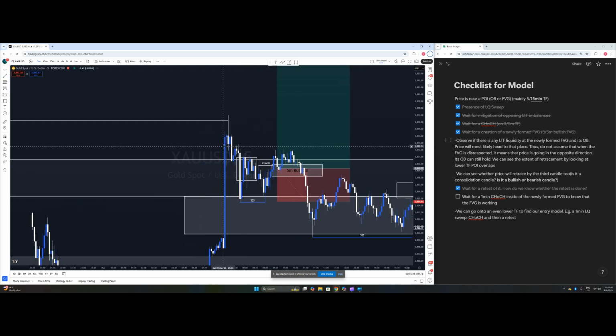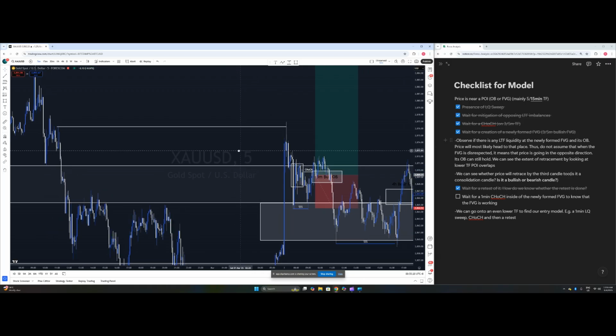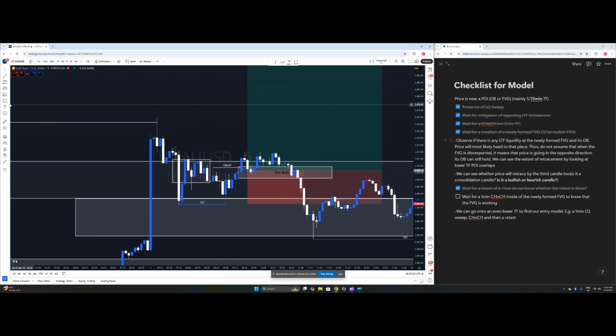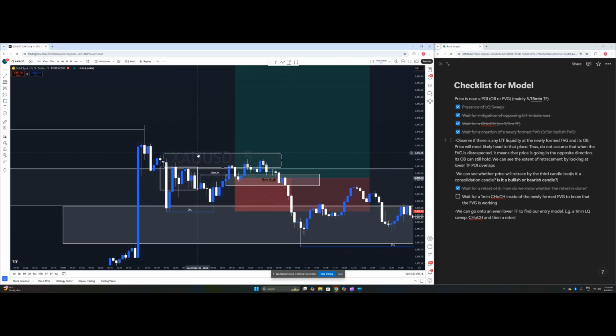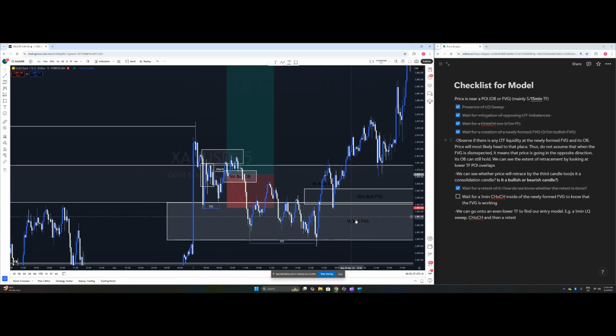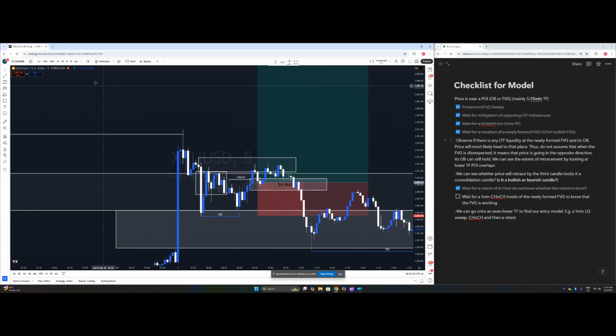So I guess the main thing is to look out for the higher time frame narrative before we enter for a trade, because on the 5 minutes, you can see that even though the 5 minute bearish fair value gap has been mitigated, the order block still holds, right? So price actually respected the order block and eventually headed downwards to the 1 hour bullish fair value gap.